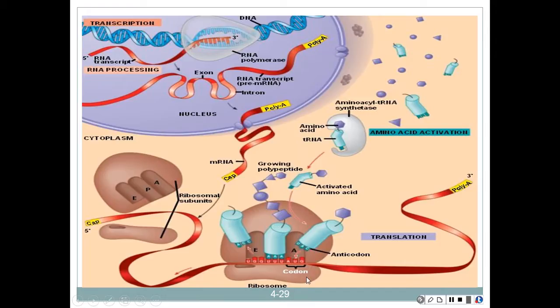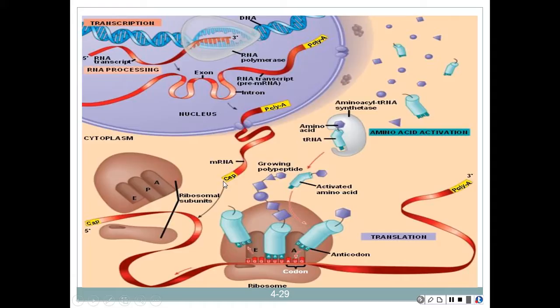Now translation is going to occur in 3 particular steps. First step is called initiation. Initiation starts when the mRNA passes through this nuclear pore. The small subunit binds to a leader sequence near the cap.